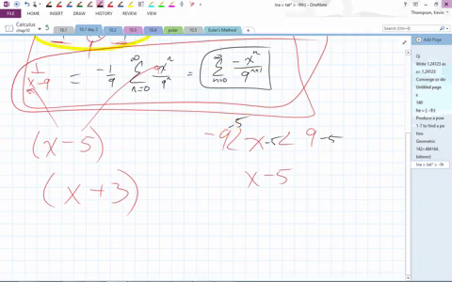And I've changed where it's centered. So x minus 5 is like a horizontal shift to the right. That's all we're doing. So I've now shifted the interval of convergence somewhere else.